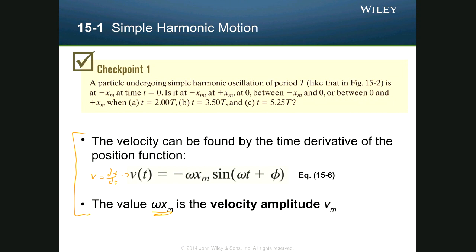So let's make a simple drawing first. We're going to say at t equals 0, we're at minus x_m, right?